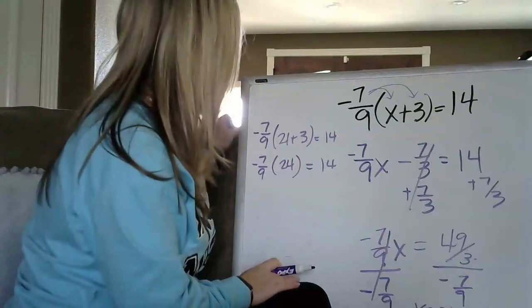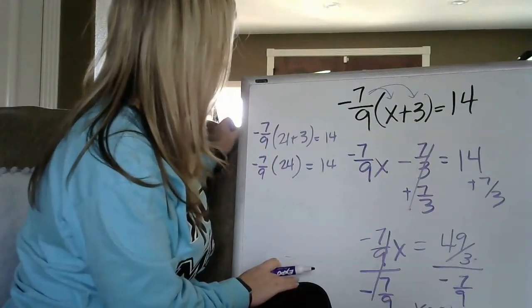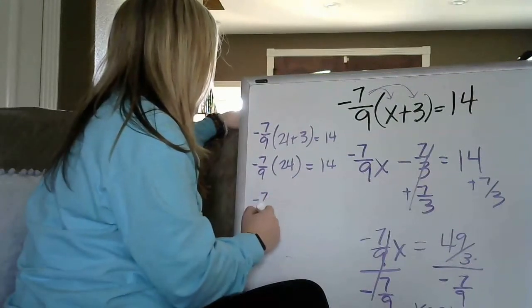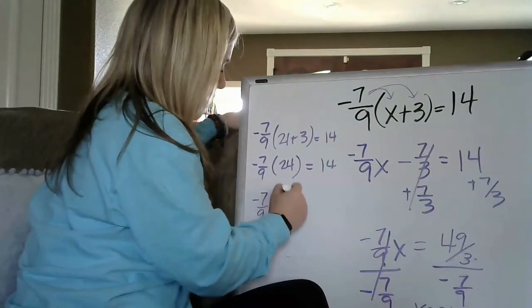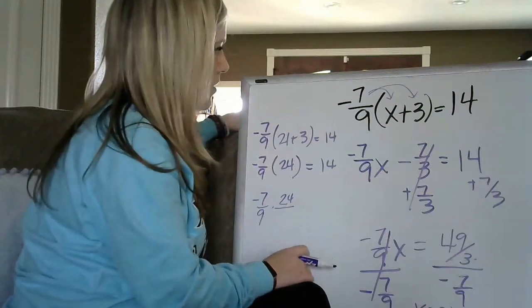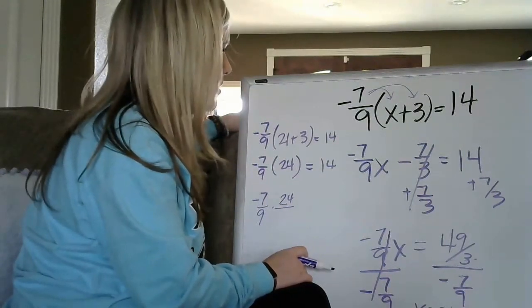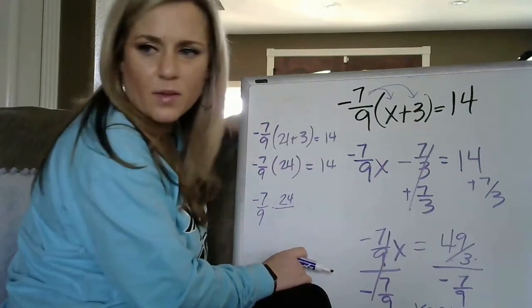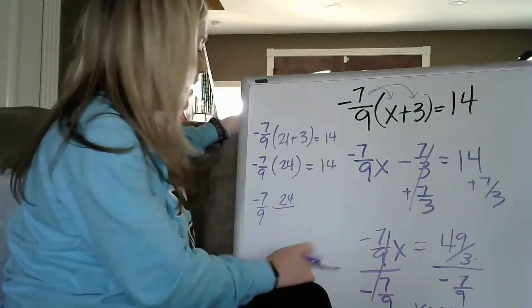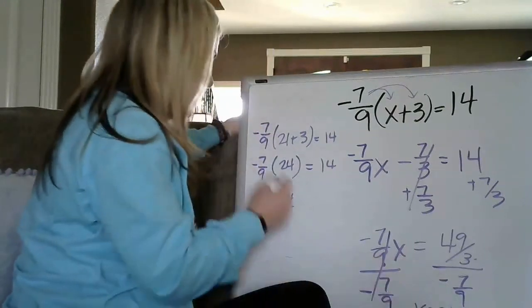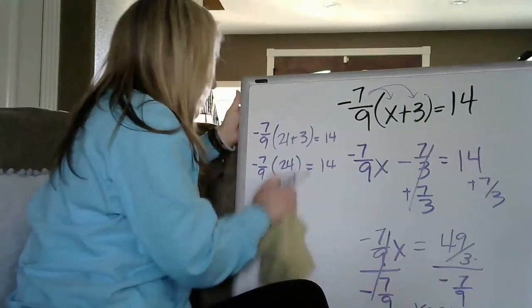I don't know how that is working. That is not going to work. 21 plus 3. Did I write that down right? Oh, negative 21. Sorry, this is negative. Okay, so negative 21. Sorry, that's why it doesn't work.